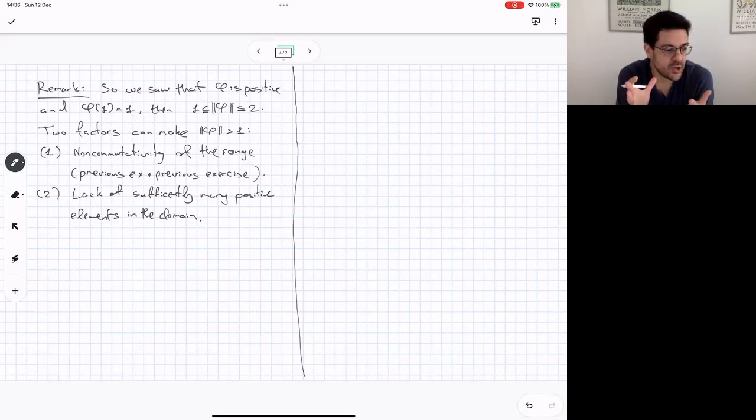In some sense, the best operator systems, the ones that have as many positive elements as they can, are C*-algebras. So if you take operator systems in the domain that are C*-algebras, or in some sense close to being C*-algebras, then you will get that the norm of phi is 1. I'm not going to show this because at the end we're not going to care a lot about positive maps. We're going to be interested in UCPs.